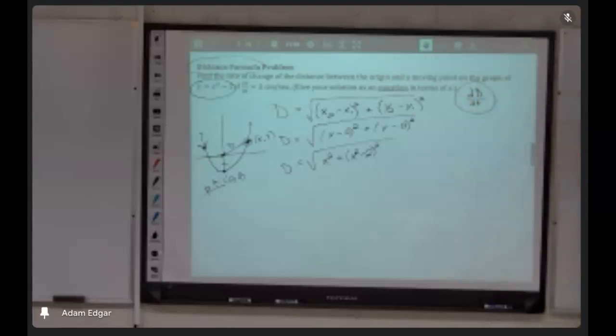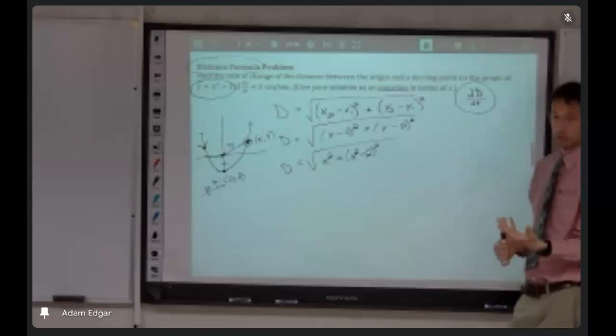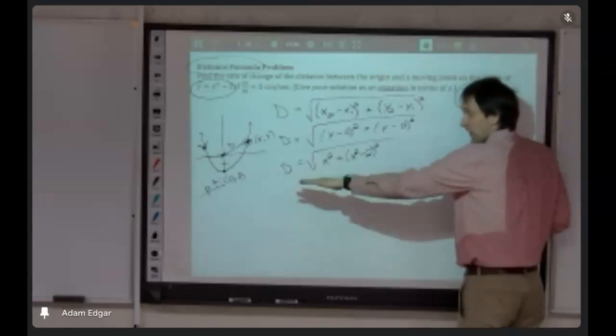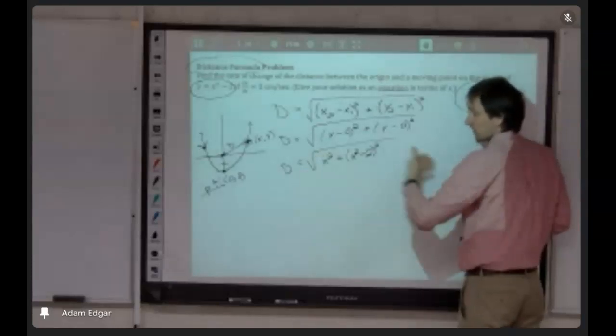And we're going to get an equation for our answer. We don't have enough information to get a value for dD/dt. All we have enough for is getting an equation. We're going to have dD/dt equals something stuck with x. That's the goal here. So with our distance equation, we now want to differentiate this.